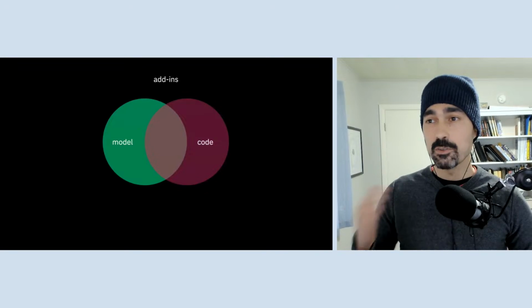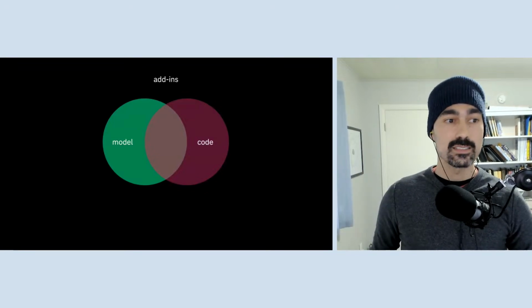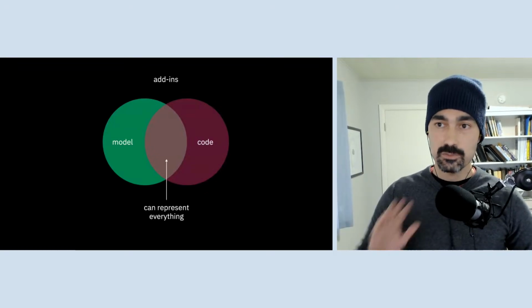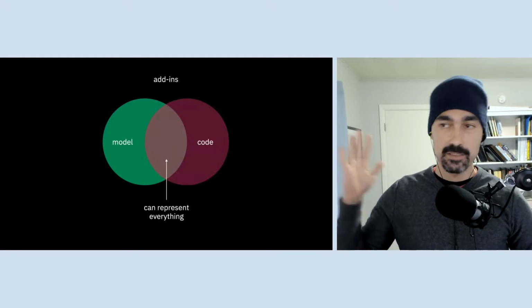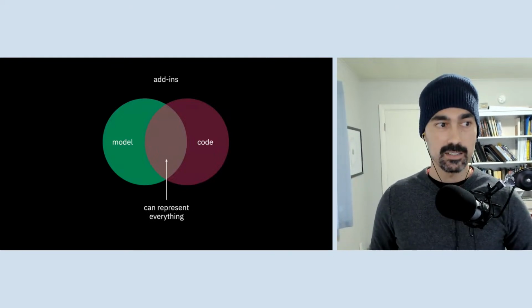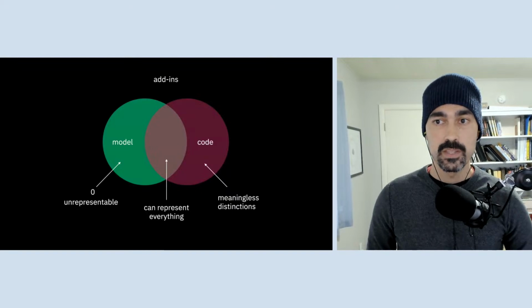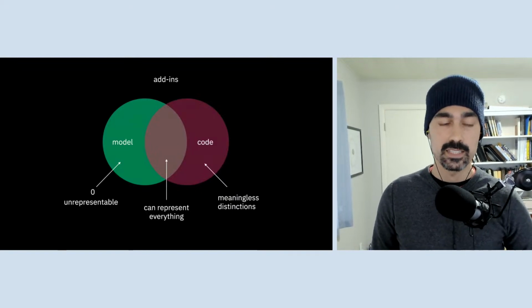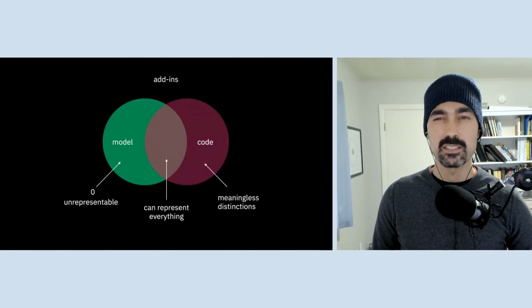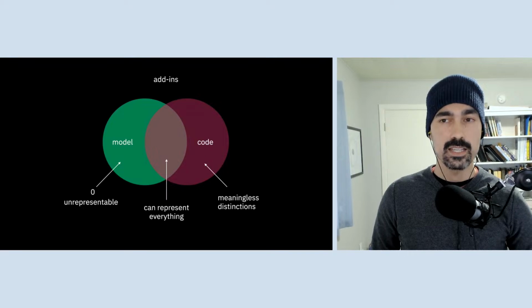So even without counting them, we can see that we can represent everything. We have this intuition that we can do everything we need, so 0 are unrepresentable. But we do have all these meaningless distinctions. So maybe this encoding of an array is not ideal. Can we find something that has fewer things that are meaningless?